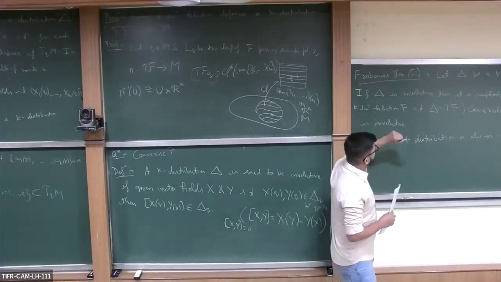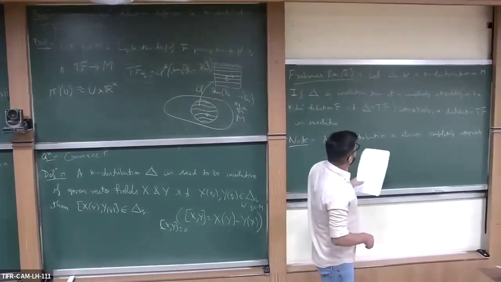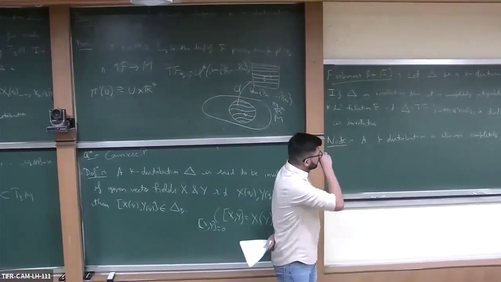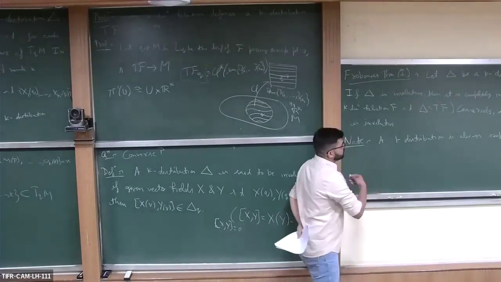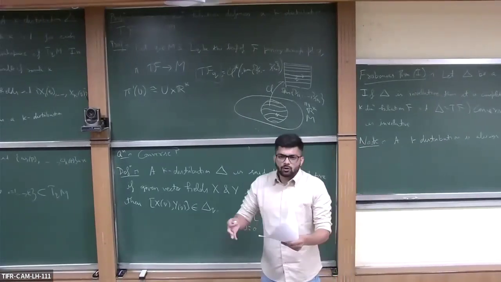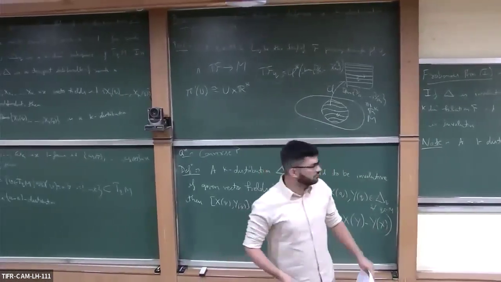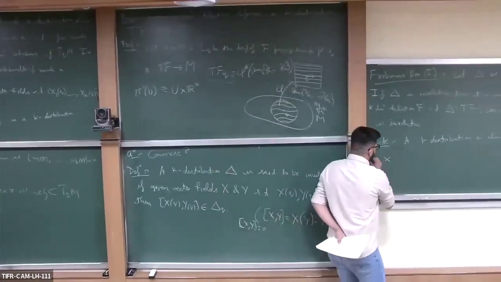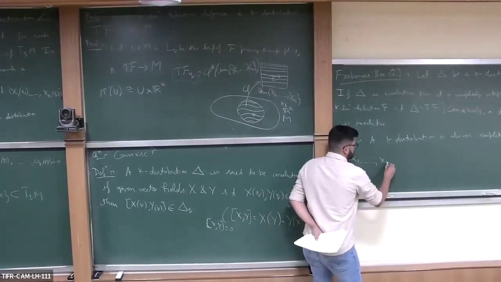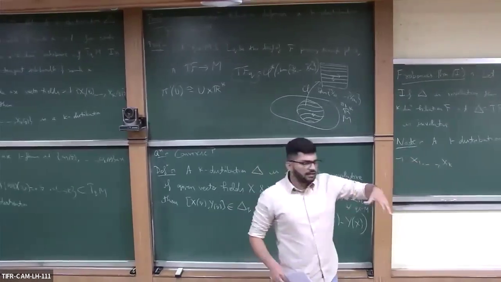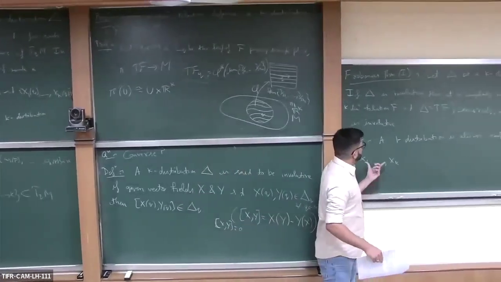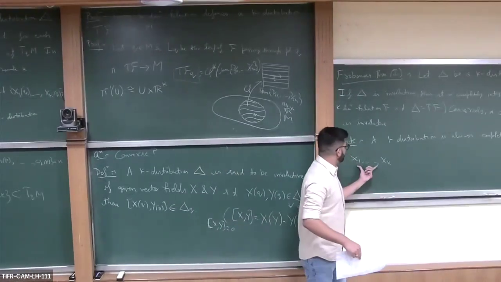I won't go into the proof of this, but the idea is basically this. We start with k vector fields locally, X1, X2, up to Xk, which span this distribution in a neighborhood. What we know is that this will be a basis.